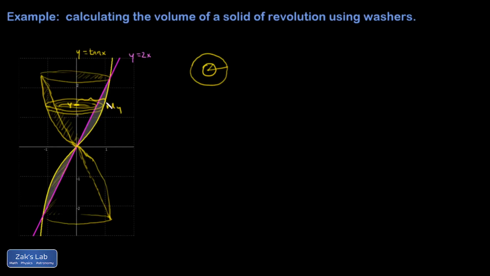I have some location x here, that's my radius, and I've got to find what x corresponds to this y on the curve of the tangent function. In other words, I have to solve this for x, and I get x equals the inverse tangent of y. So that's my outer radius.